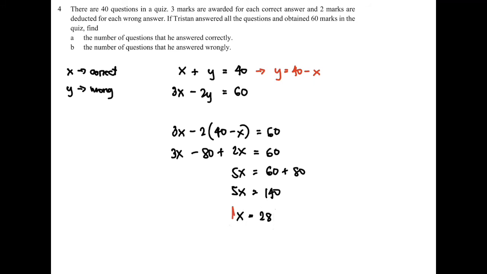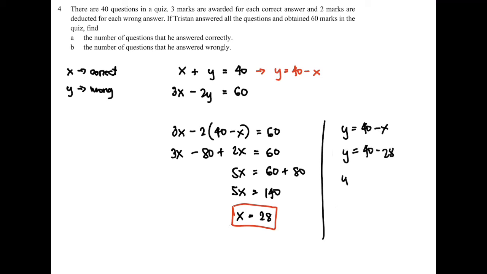How about our y value? For our y value, I'll just use this one here. y is equal to 40 minus x, so y is equal to 40 minus 28, which is 12.